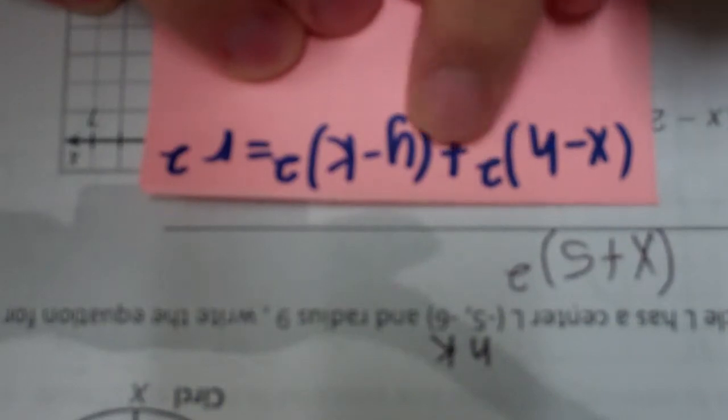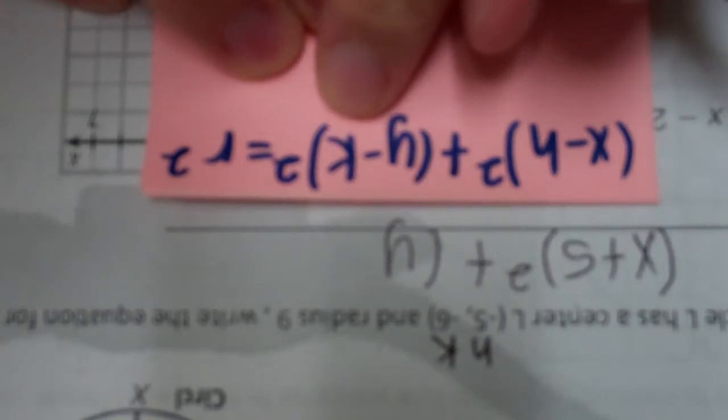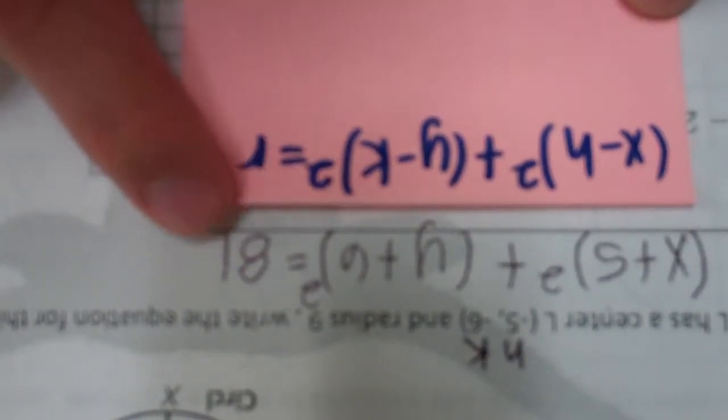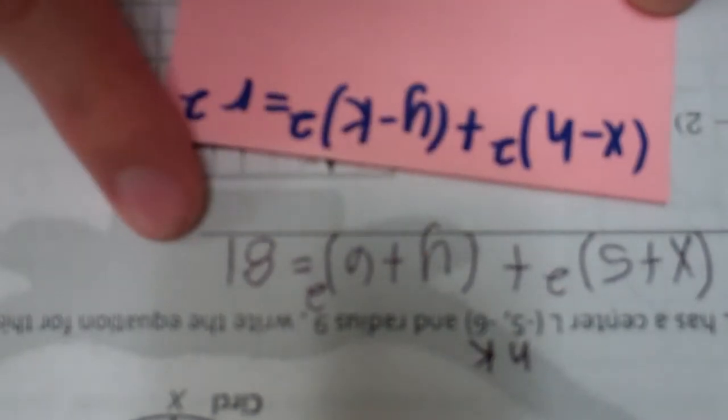Square, plus y, and then a -6 goes here, so negative and a negative makes a positive. Square, and the radius is 9, so this radius needs to be 9 times 9, 81. So 9 squared gives you 81. So this is our equation of a circle.